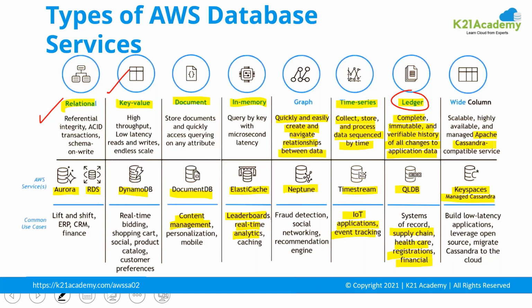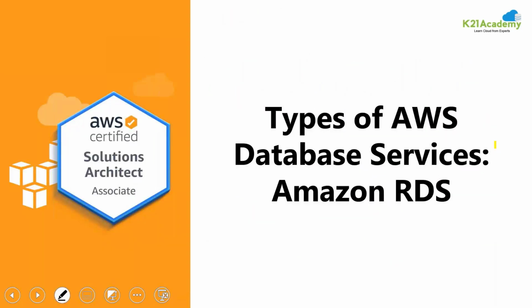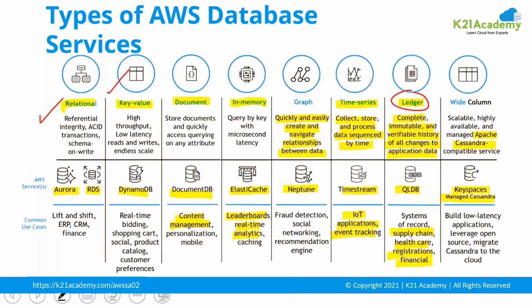Apart from databases, Amazon even offers data warehouse services under the name Redshift. From the exam point of view, it will be RDS, the relational database, and DynamoDB, along with some questions related to in-memory databases, that is, ElastiCache. That's it.